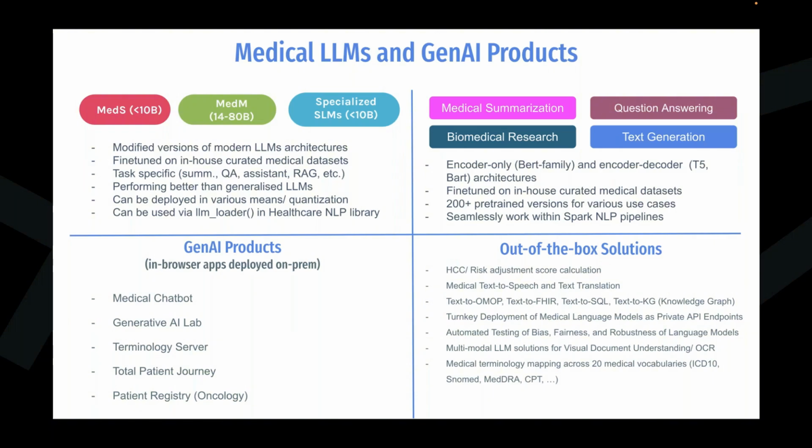You can even annotate your data with LLMs as well as your own pre-trained pipelines. We have total patient journey and patient registry products coming up as well in a few months. These are the pillars of what we have been cooking here for the last 10 years, by the way.